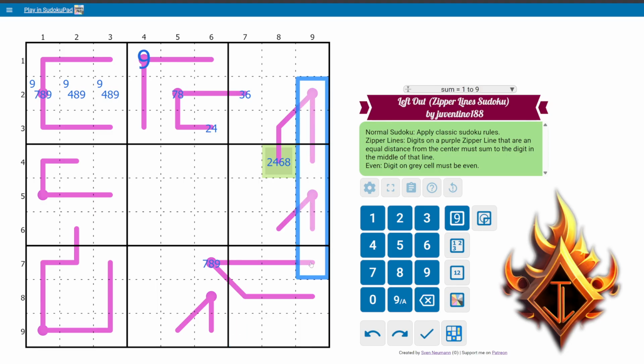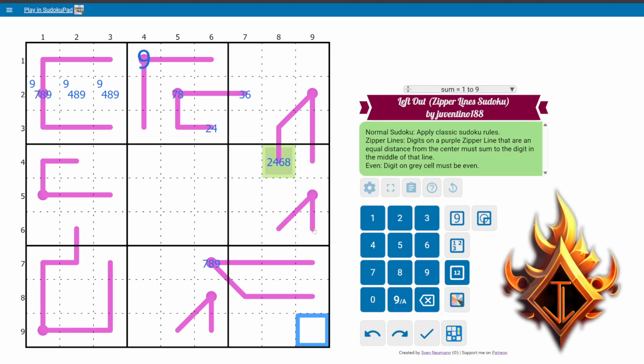A 9 in this column can only be there, or... Oh, right. 9 cannot go on these, so it goes there. Now, a 9 cannot go there.